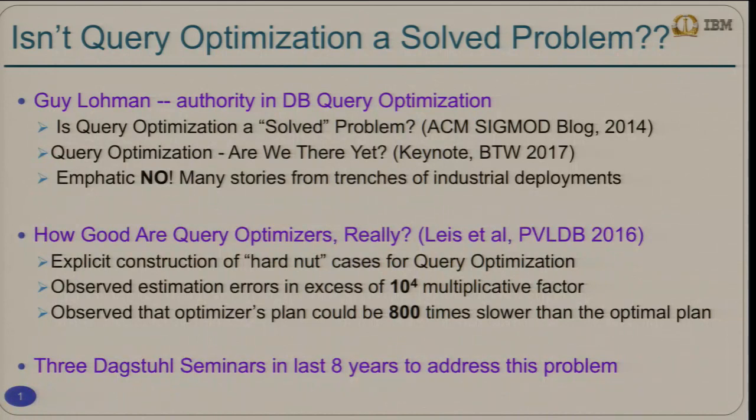Guy Lohmann is an authority in database query optimization, one of the key architects of the DB2 query processor. He has been writing of late about whether this is a solved problem, because people had stopped working on it. He has been highlighting that this is not really a solved problem, forget from a theoretical point of view, from a practical point of view.